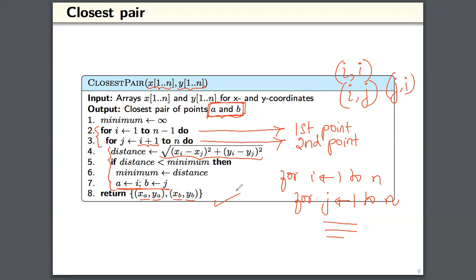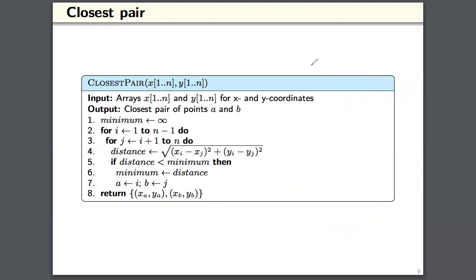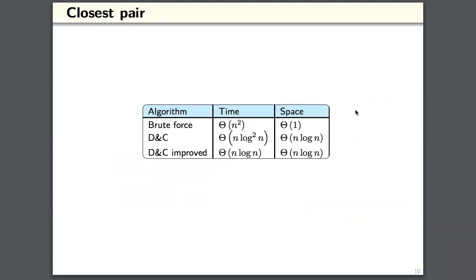So this is your exhaustive search. You try all possible combinations and pick the valid solution. And see, as I said earlier, your exhaustive search will always be slower. You can do much better. But this is often the first idea that one comes up with.